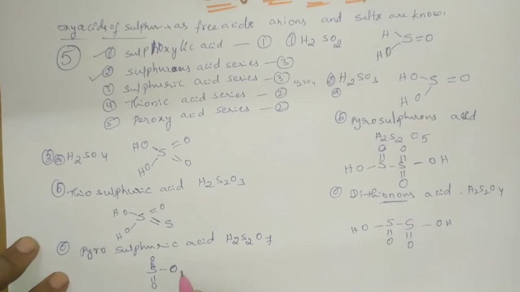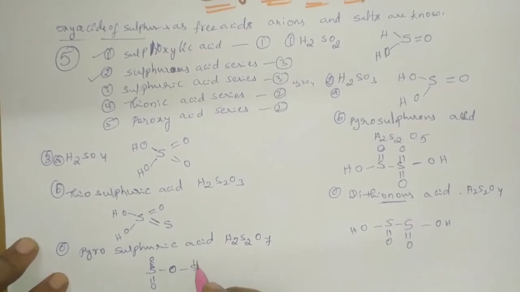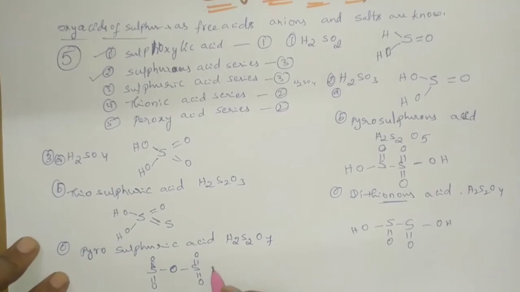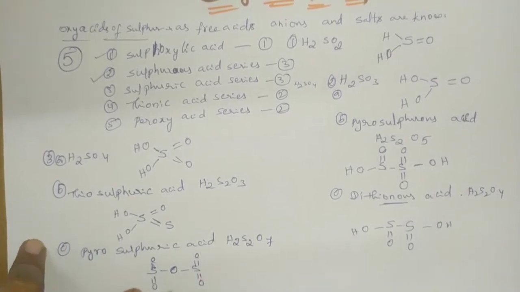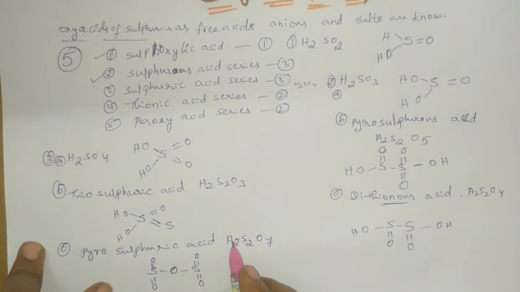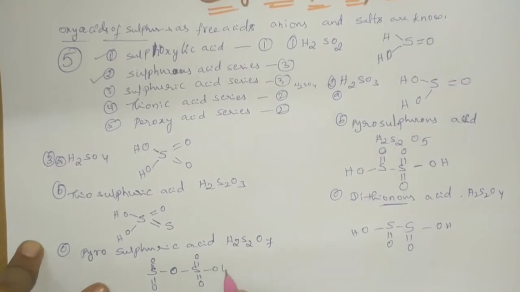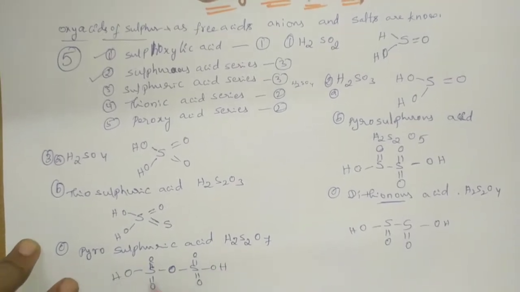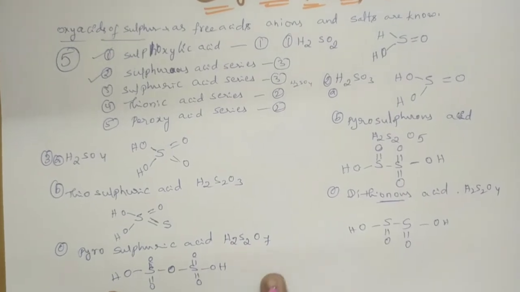Pyro means an oxygen in the middle between 2 sulfurs, pyrosulfuric acid. Okay, 5 oxygens are left. Here 2 hydrogens, 2 oxygens, OH. So this is about pyrosulfuric acid.